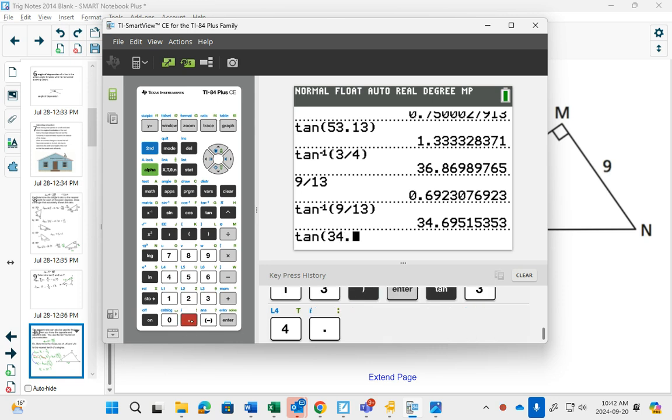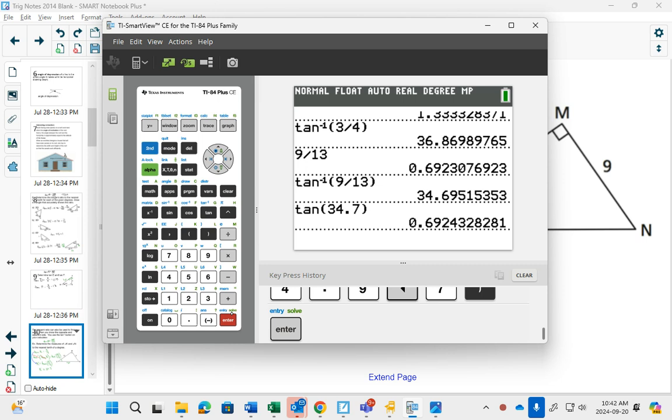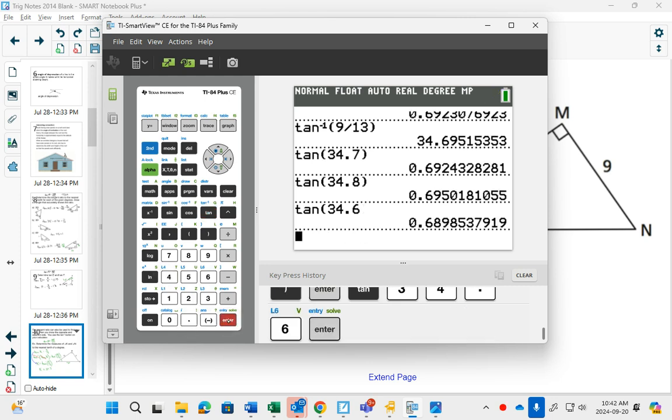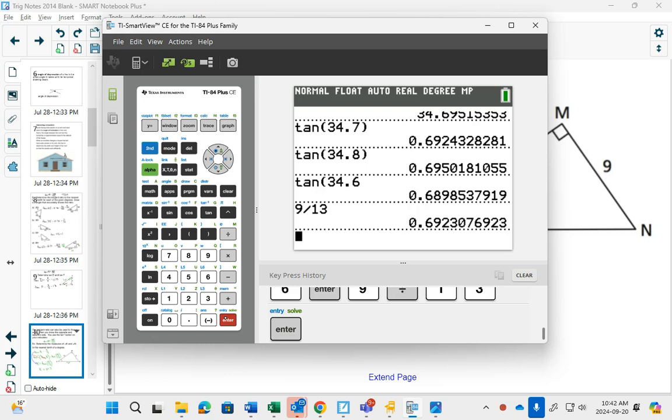We would have eventually guessed 34.7 and found out that that was better than 34.8 and better than 34.6. And you see that the 34.7 is the closest to, but what do we want our ratio to be? 9 divided by 13. We wanted 0.6923, and the 34.7 was the closest of those.